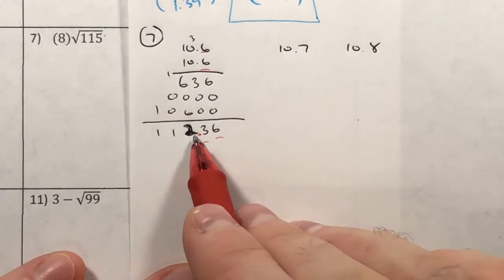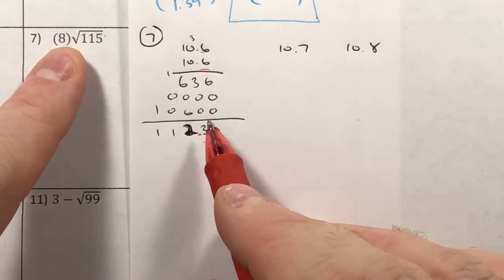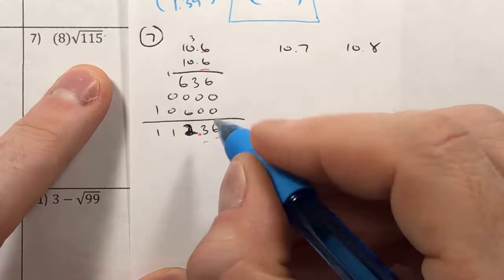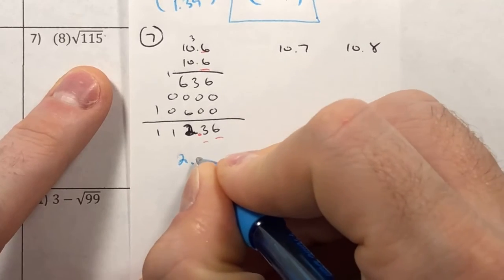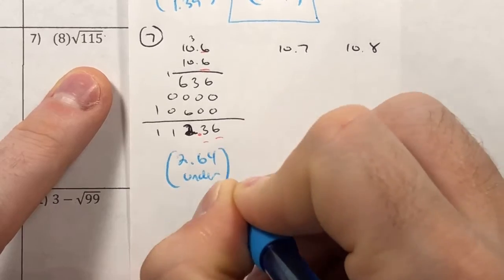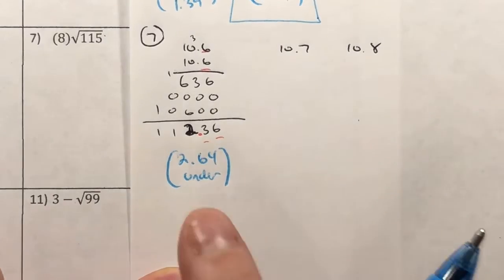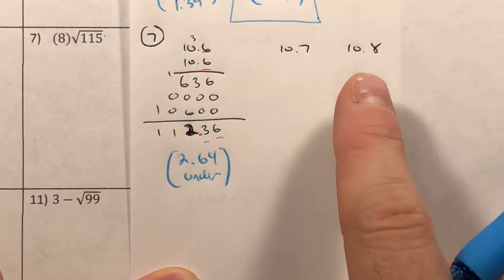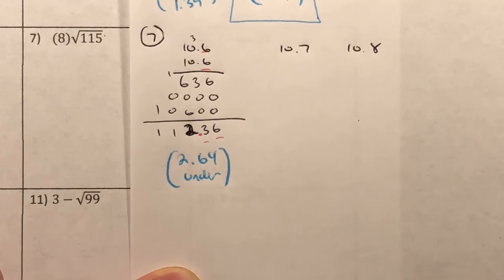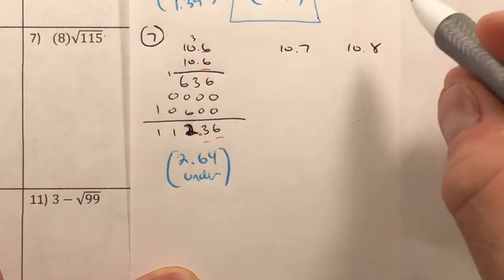I have 112.36, so I'm a little bit under on that one. Not too far under, but we'll see how far. That's going to be 2.64 under. Now, I could jump all the way up to 10.8 and give that a shot, but I'm not close enough to really want to make that jump. So I'm going to try 10.7 next and see where we're at.